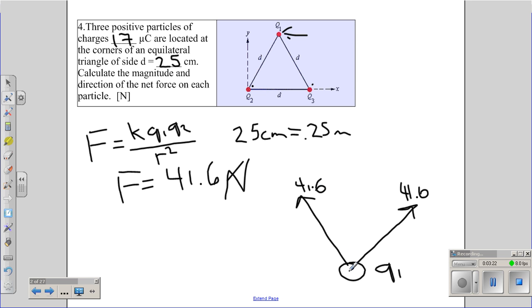Now, if you think about the geometry of the problem, we have an equilateral triangle. That means every one of those angles inside the triangle is 60 degrees because they all have to add up to 180, so 60 times 3 makes 180.